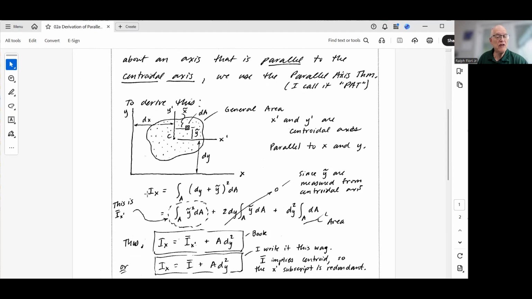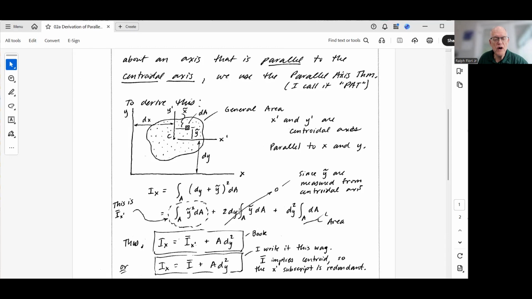And so we're going to write an Ix equation. The moment of inertia about the x-axis is equal to the integral of the distance dy plus y tilde, that quantity squared, times dA. Pretty straightforward. If we expand this, you get dy squared plus 2 dy times y tilde plus y tilde squared, dA.